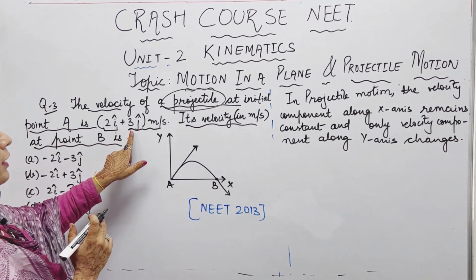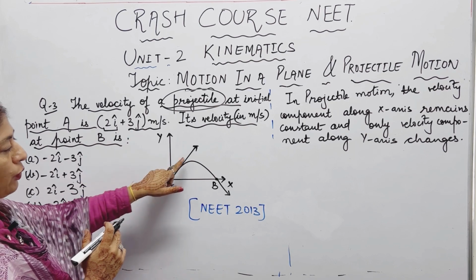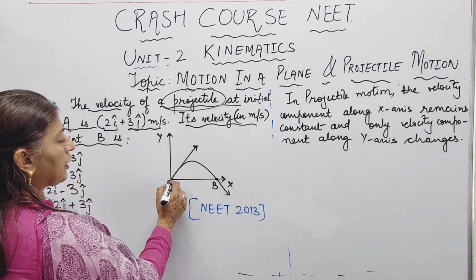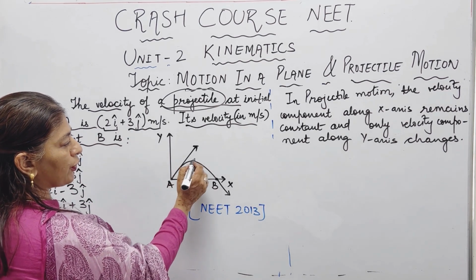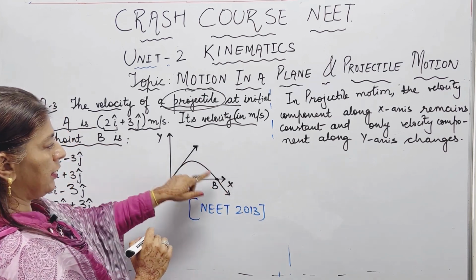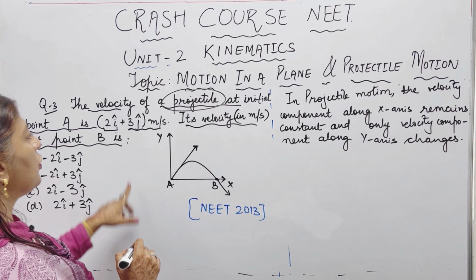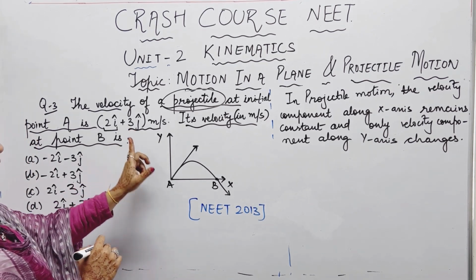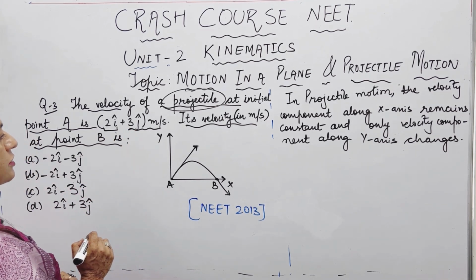Now when we are talking about its y component, if we look at the diagram, at point A, that was the initial point, and at point B it has just got reversed in case of the y component. So if it is plus 3j, here it will be in the reverse direction, minus 3j.